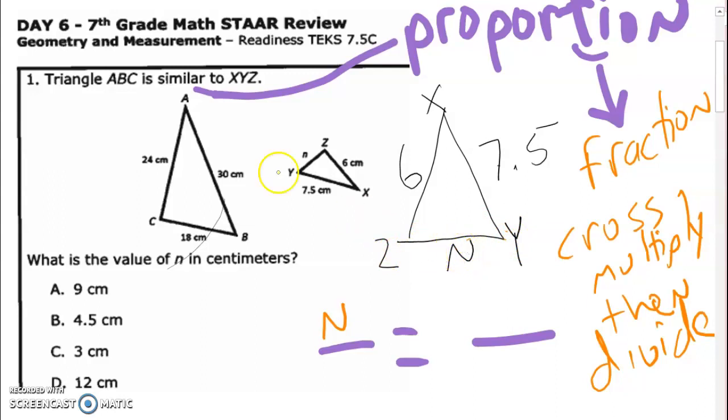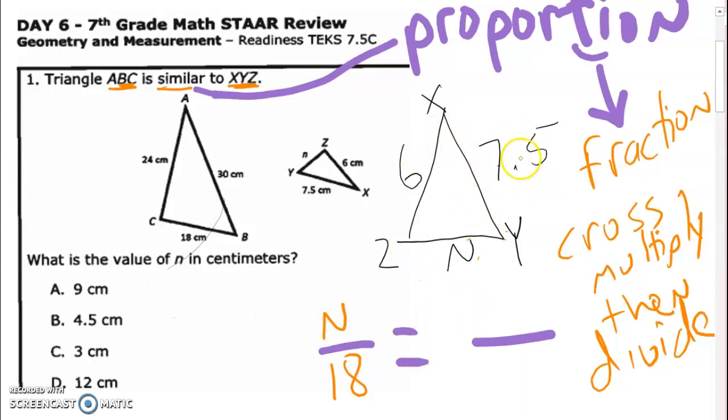In similarity, the position of the letters matters. If I see YZ, okay, YZ is the second and third letter. So that means they're talking about the second and third letter over here, BC. And so N is in the same position as BC, which is 18. So that's my first fraction.